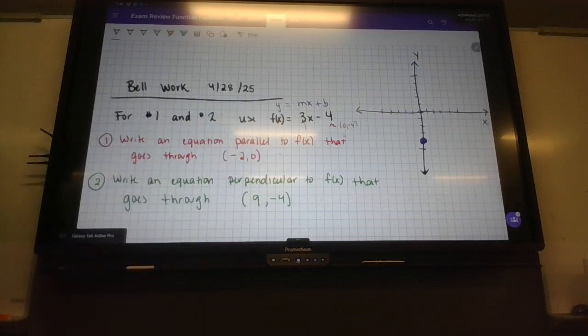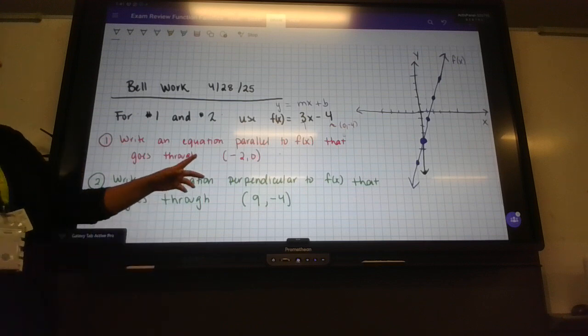So I'm going to go up 3 over 1, up 3 over 1, down 3, left 1. So that's our function starting at -4 and going up 3 over 1.